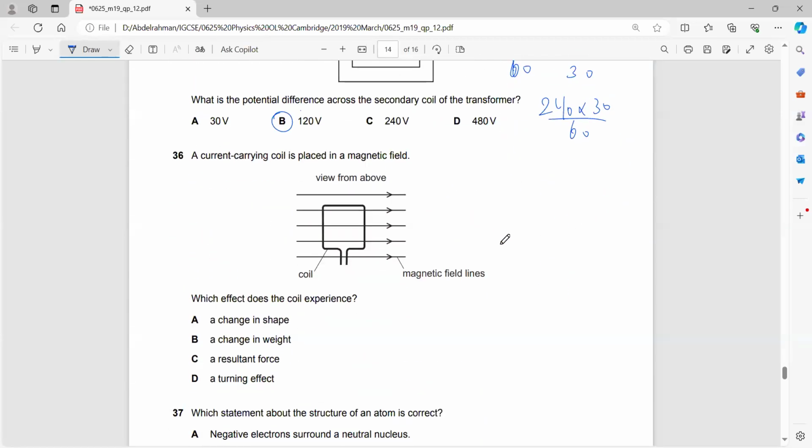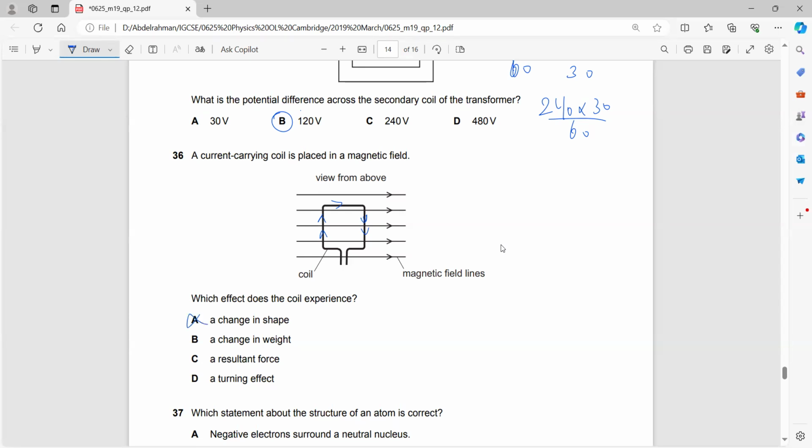A current carrying coil is placed in a magnetic field. This coil has a current passing inside it. Which effect does the coil experience? What will happen to this coil? Will it change its shape?